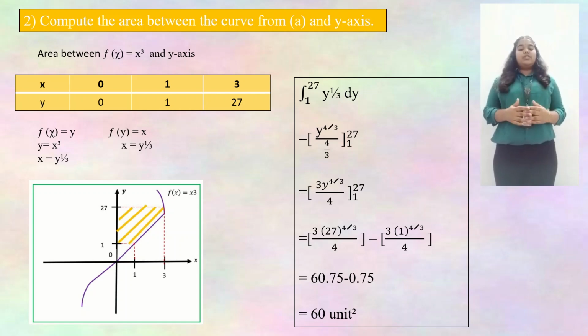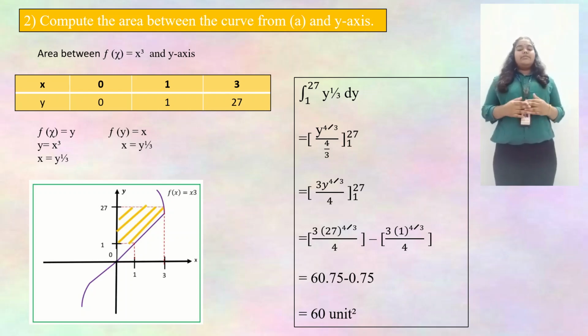When you substitute the x value equals 0 into the function of x, which is x cubed, you will get 0. When x equals 1, the y value will be 1. When x is 3, the y value will be 27.